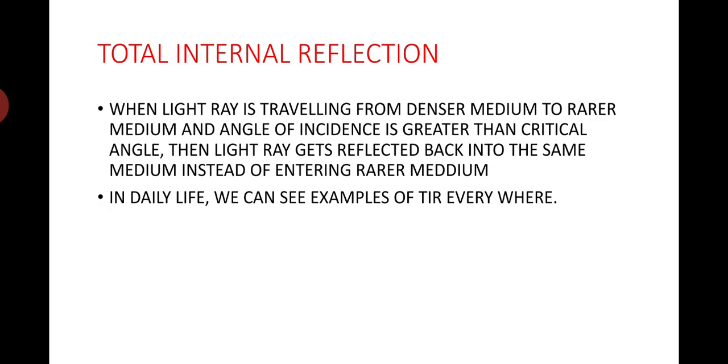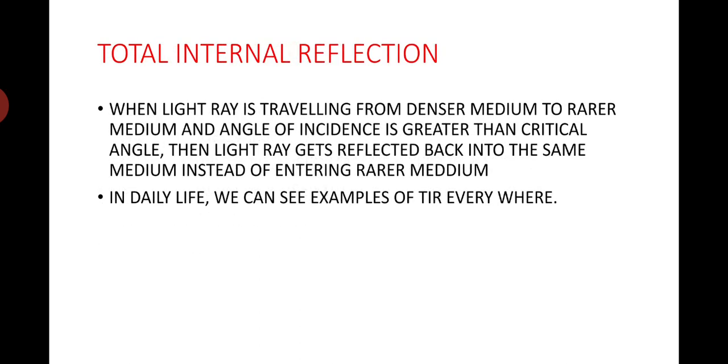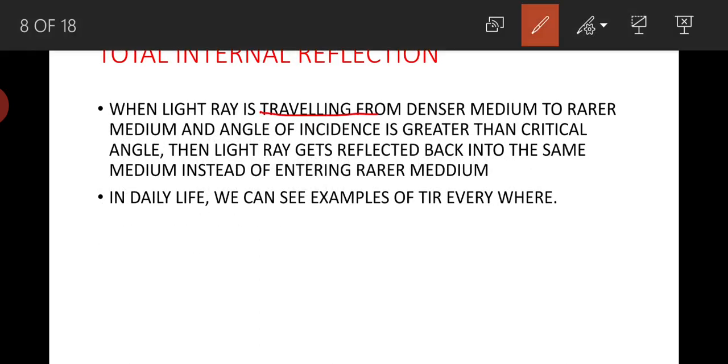Now let us see what is total internal reflection. When a light ray is traveling from a denser medium to a rarer medium, and the angle of incidence is greater than the critical angle.